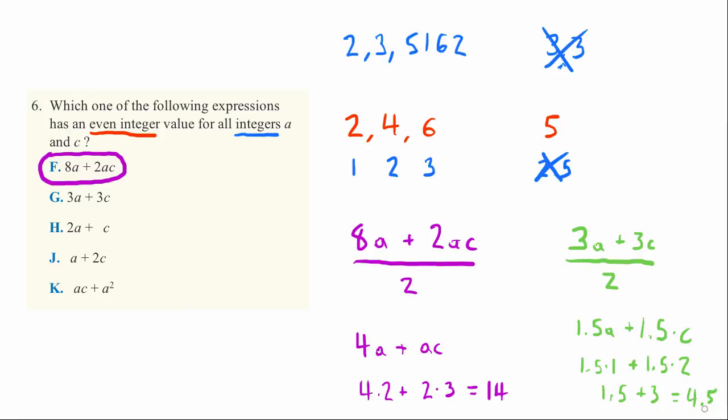And the basic reason is that these decimal coefficients can end up producing decimal numbers in our output. And this is not a correct answer. If you go through each one of these and try to divide it by 2, you'll notice very quickly that F is the only one that doesn't include decimal coefficients after dividing by 2. So in the same way we can check numbers for being even by dividing by 2, we can also check entire expressions. And that's pretty cool.